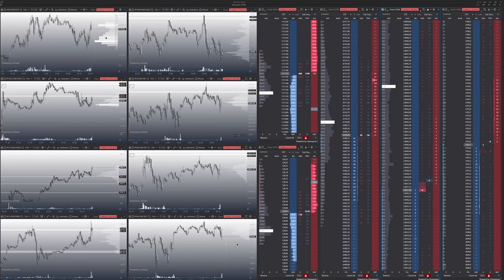Both markets are still on the long side. Maybe if the Nasdaq breaks to new lows and S&P also goes down, then it's maybe a good sign to trade Nasdaq short as well.